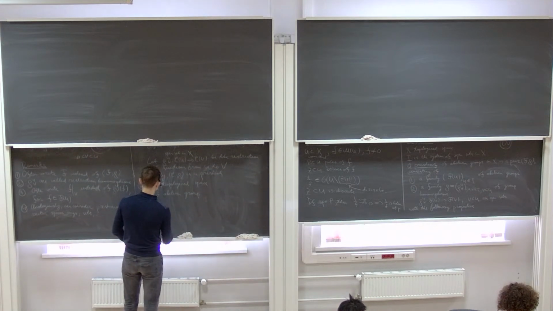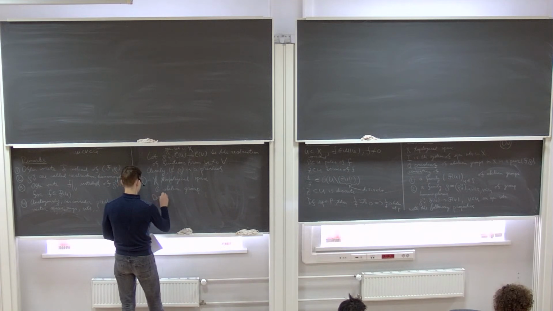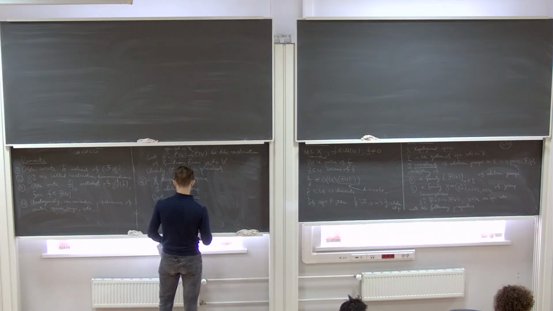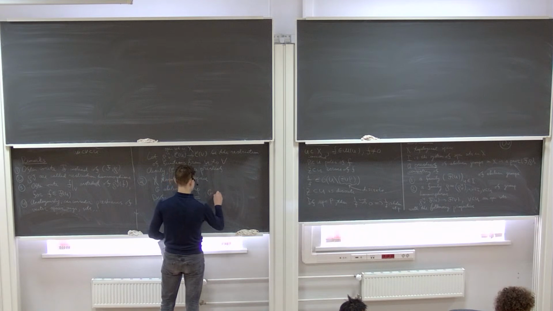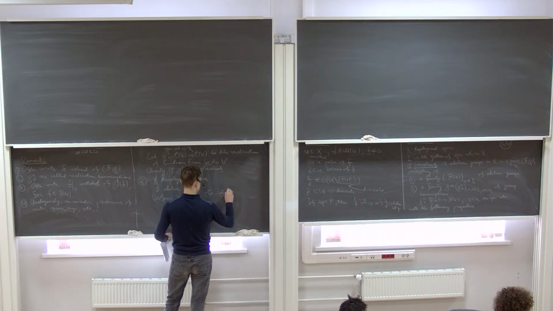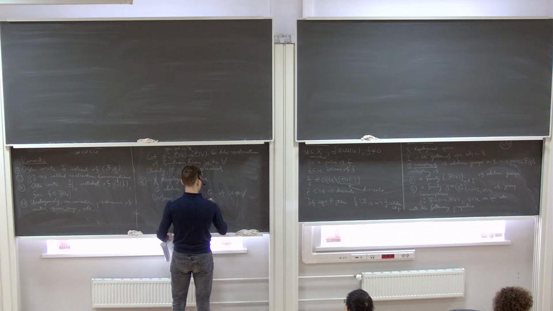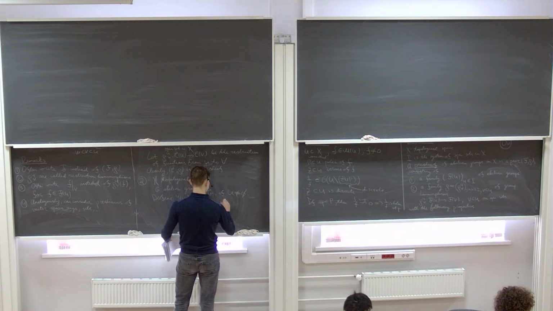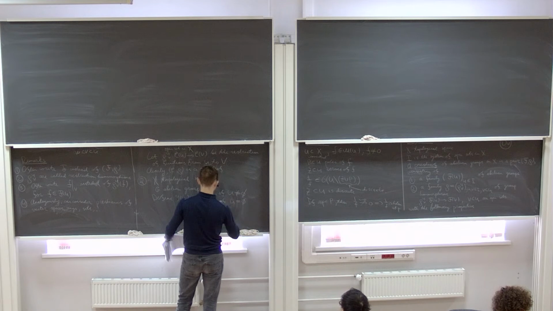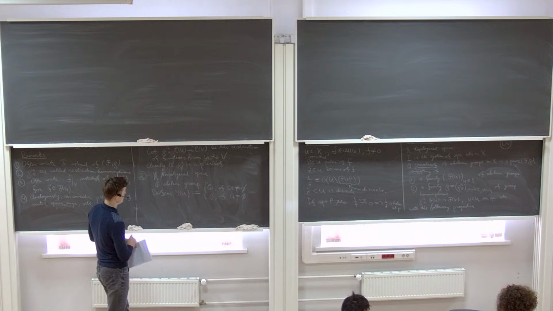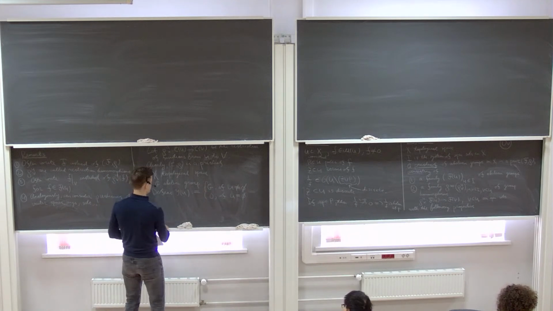Then we can define Y of U to be G if U is not empty, and 0 if U is empty.